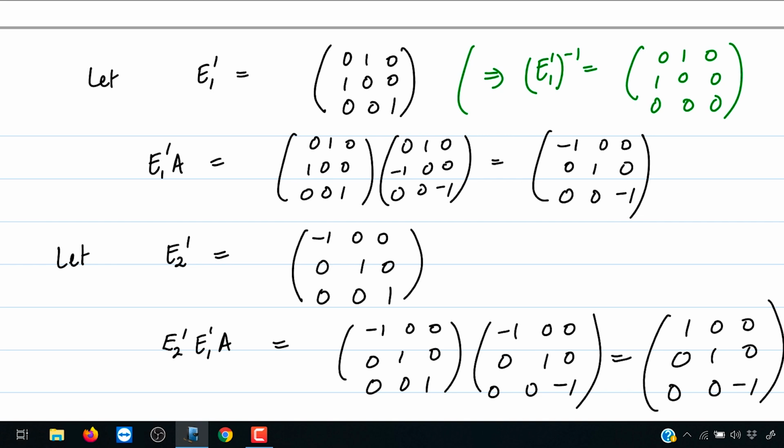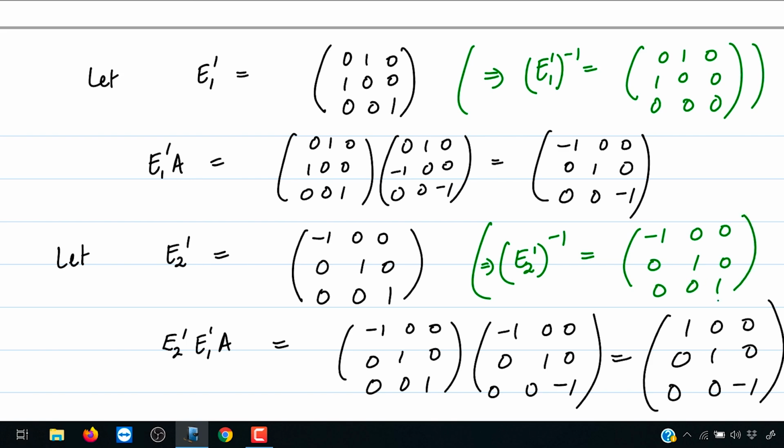This you should check. We have in fact seen that if you exchange the first and the second row twice, you'll get back the same identity matrix, right? Similarly, E2 prime inverse will also be the same matrix, because if C was the diagonal entry, 1 by C would have come up, which is the same here as minus 1.